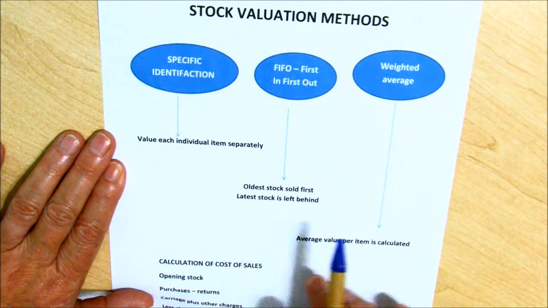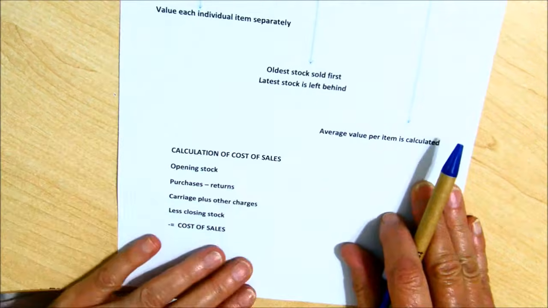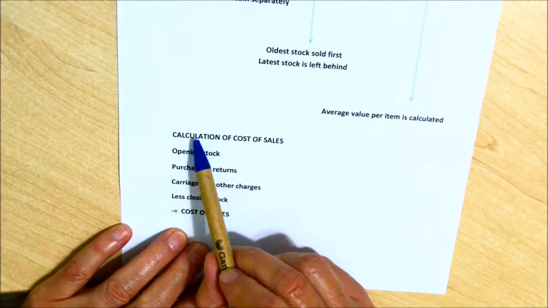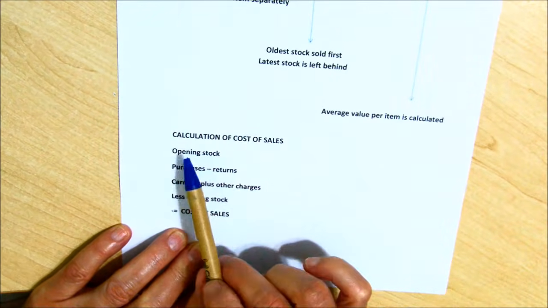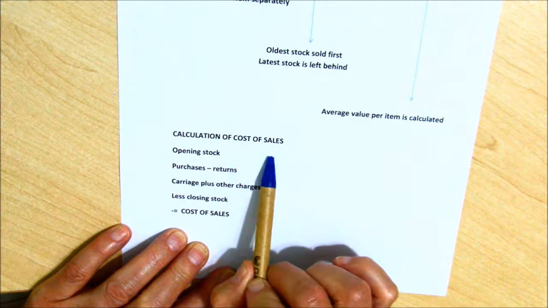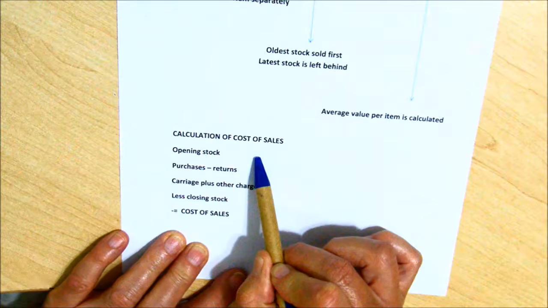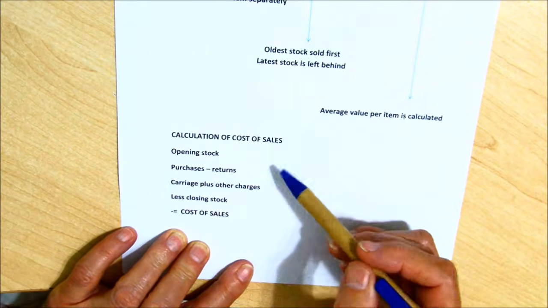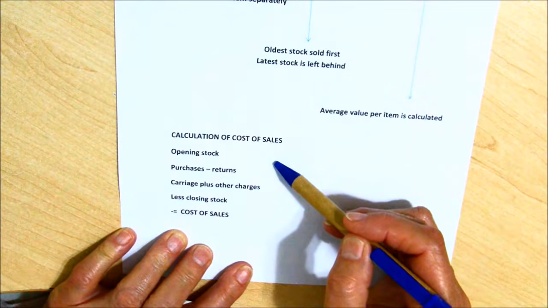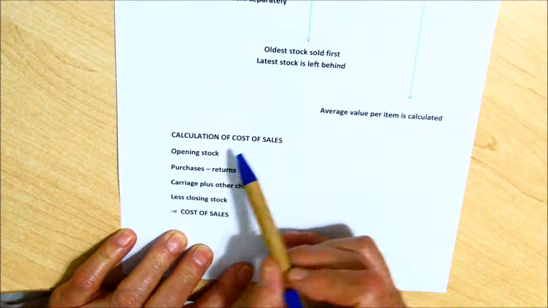And then, before we look at each one of these separately, another thing that does come up a lot is that after you've valued the stock, you actually have to work out the cost of sales. Now, this is going on the assumption that we were using the periodic stock, and I've already included a video for you on the difference between perpetual and periodic stock.